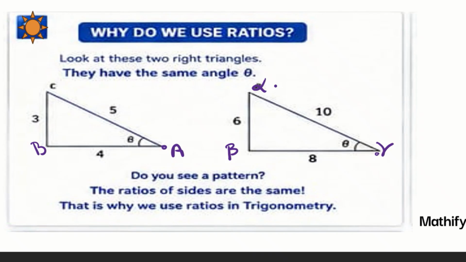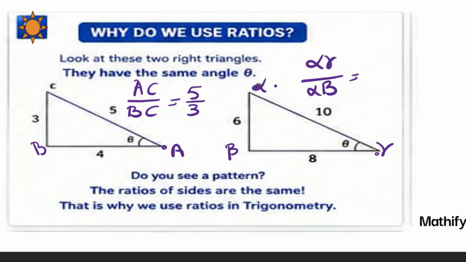Do you see any pattern? Yeah, the ratios of sides are the same. If I find the ratio of AC upon BC, what is this ratio? 5 by 3. And if I find alpha gamma upon alpha beta, I get 10 by 6.